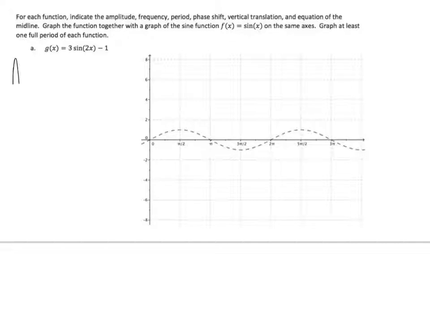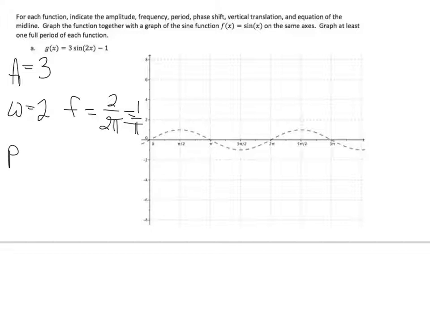Okay, a few of these are going to be easy. Amplitude is 3. Let's see, since omega is 2, we know that our frequency is 2 over 2 pi, or 1 over pi.